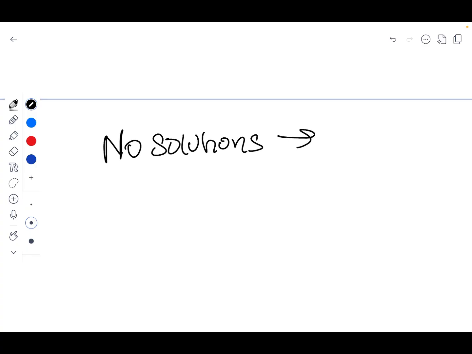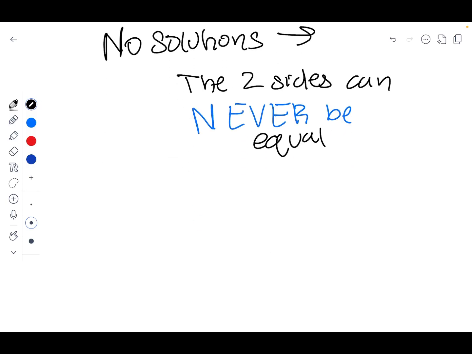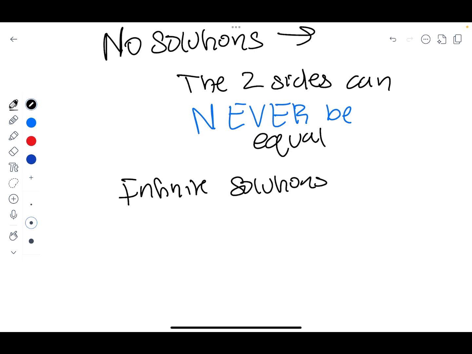Don't forget that when it's no solution, the two sides can never be equal. And when it is infinite solutions, the two sides are perfectly identical.